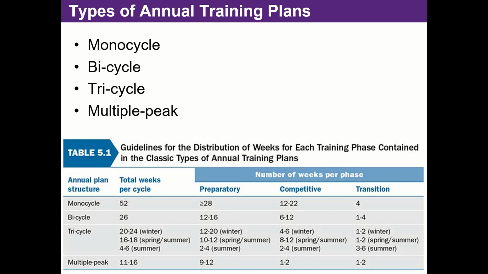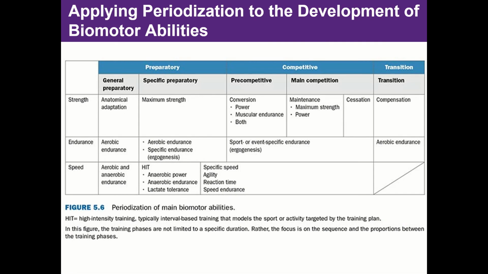In the multi-peak, they may have 2 or 3 weeks between. So it's not quite enough to go through a full cycle of preparatory phase, recovery, etc. They're really condensed and they're really close. So that would be a multiple peak model. So a type of training I'm not as familiar with. I'm most familiar with the monocycle.